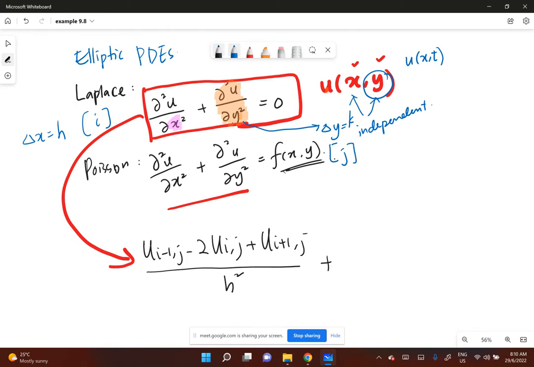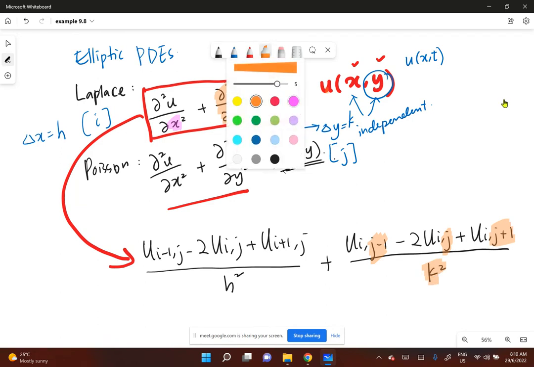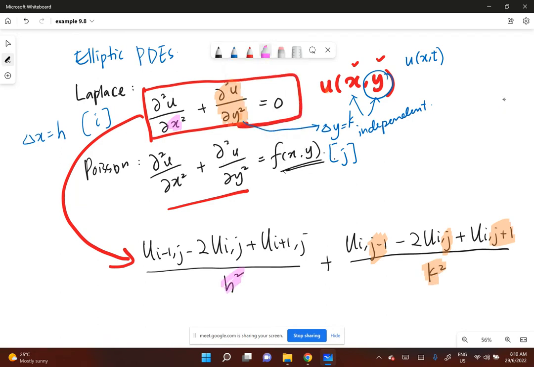So here will be u i j minus 1 minus 2 u i j plus u i j plus 1, divided by k square. This one changes j minus 1, j plus 1, and this is k. And this one is h step size, with i minus 1, i plus 1.